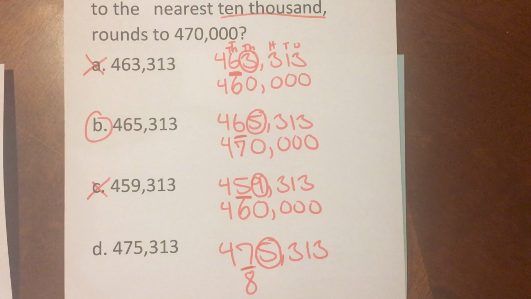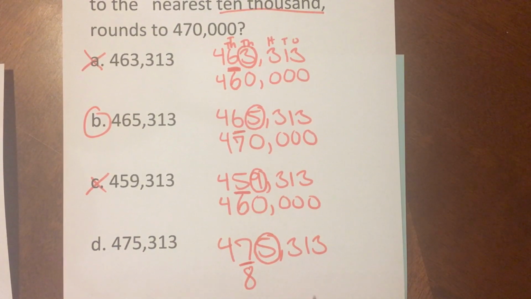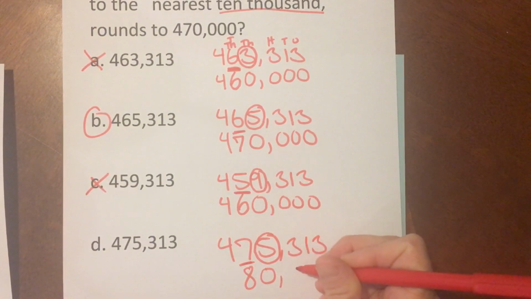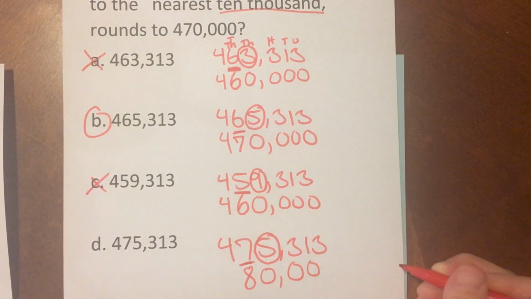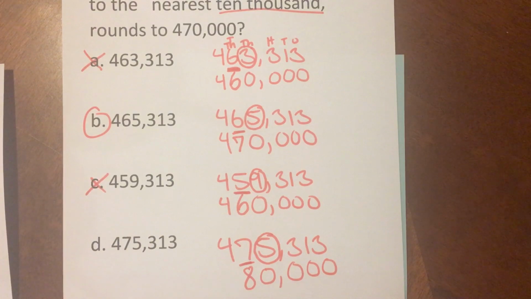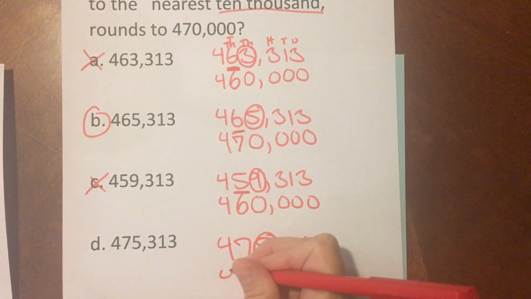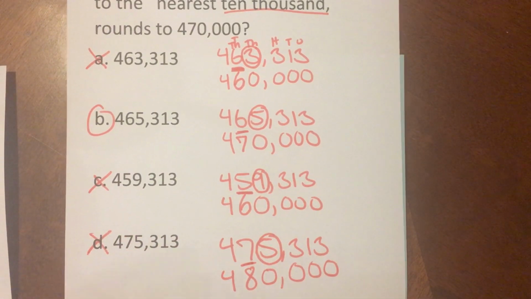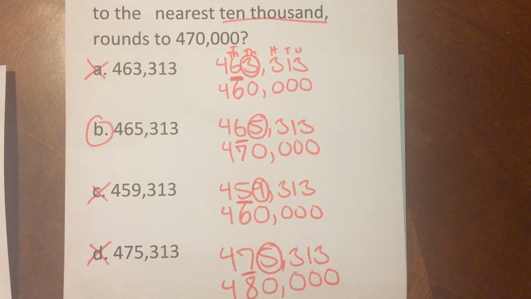This becomes an 8. Step 3 is everything to the right becomes zeros. So the 5 becomes a 0, the 3 becomes a 0, the 1 becomes a 0, the 3 becomes a 0. And everything to the left stays the same. So that was not my answer either. So I was correct. B was my only answer choice.